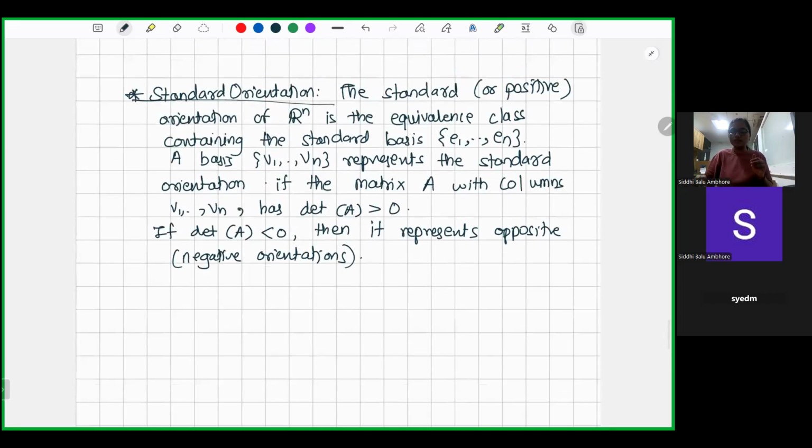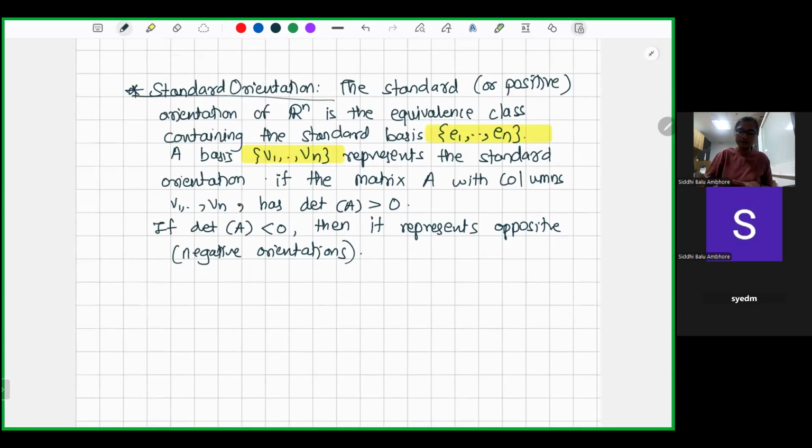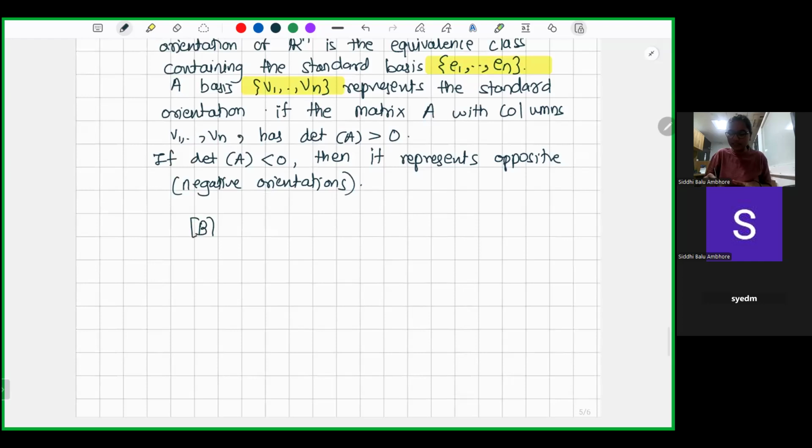All these definitions are given in the exercise sheet itself. You can read those. And when we are writing this, I hope you understand what it means. It is the basis change matrix from the standard basis.